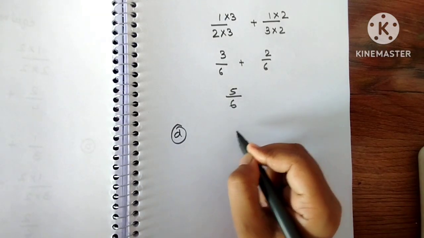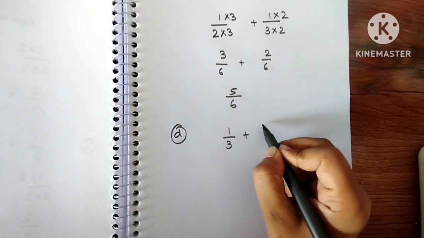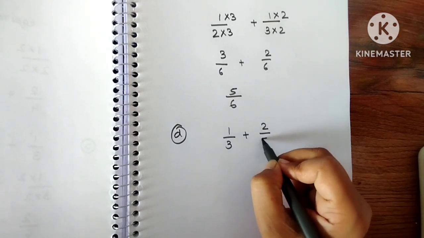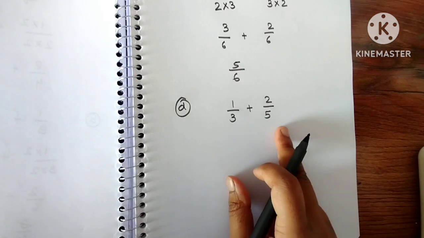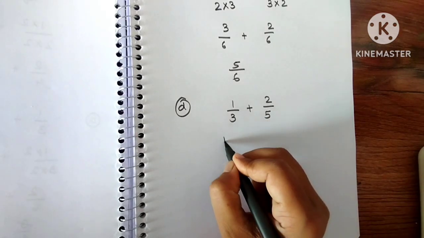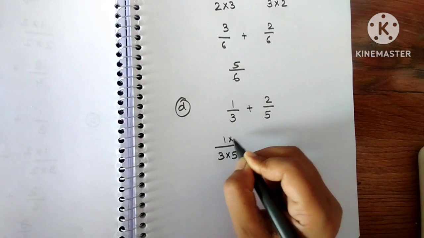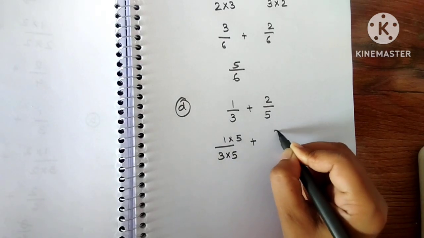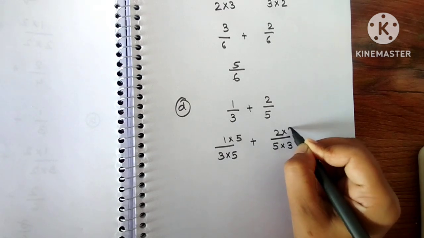Do you want some more examples like this? Okay, see, 1 upon 3 plus 2 upon 5. Now again 3 and 5 both are prime numbers. They can't come in each other's table. So we do the cross multiplication. So 5 here, plus 2 upon 5. We will multiply 3 here and 3 here.